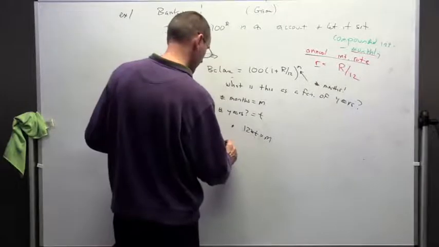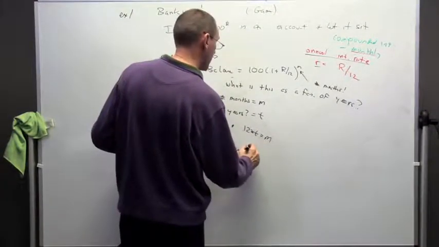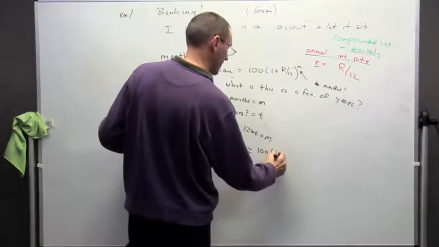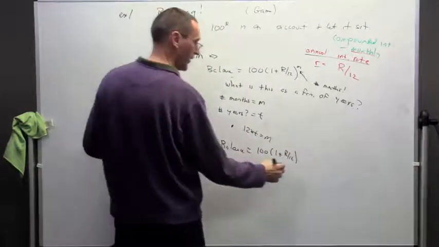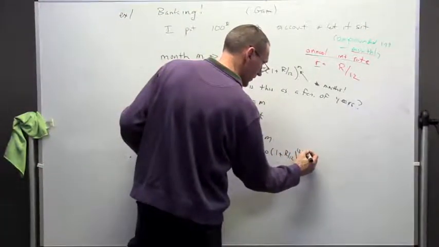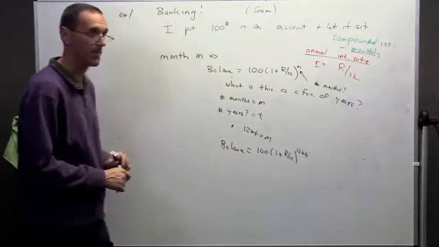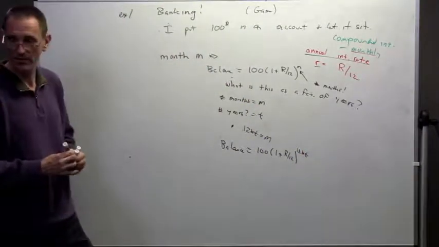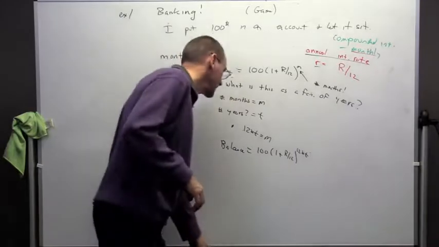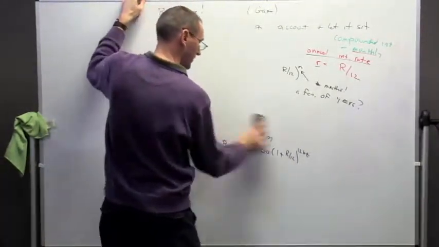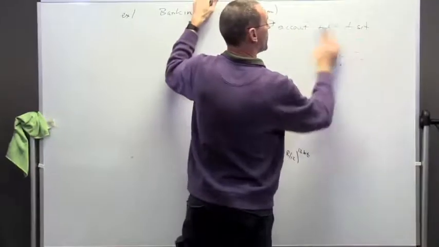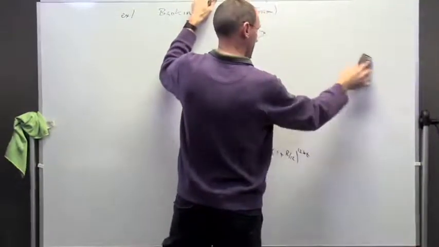So that means my balance is going to be 100 times (1 plus r over 12). The number of months is 12 times the number of years. Okay? So what happens in general? Before I go on, I just want to reiterate what this means.